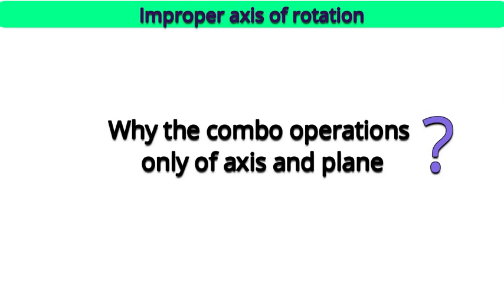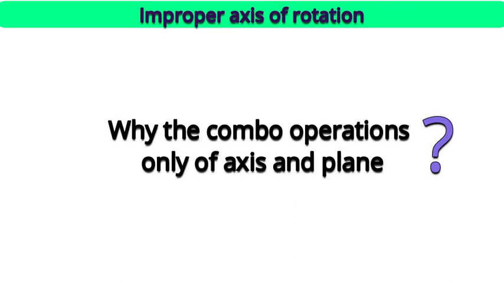This improper axis of rotation, or rotoreflection, is also called rotoinversion, or rotatory inversion operation, especially in the case of crystal lattices and crystal structures. So the results are the same. What is our intention in defining these elements and finding operations? In order to get all possible permuted arrangements.